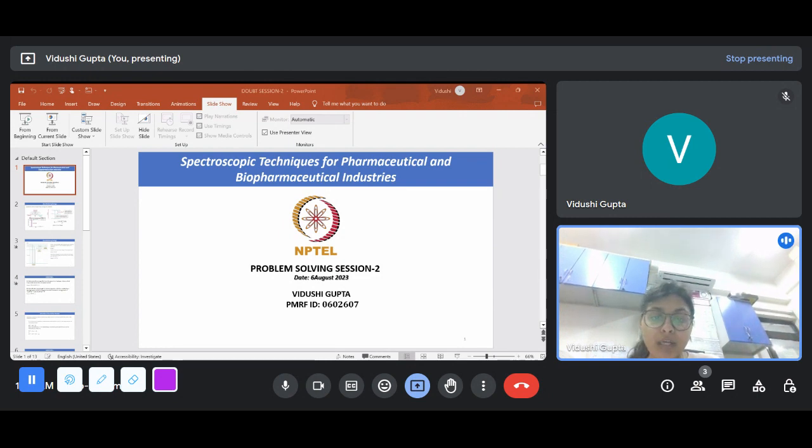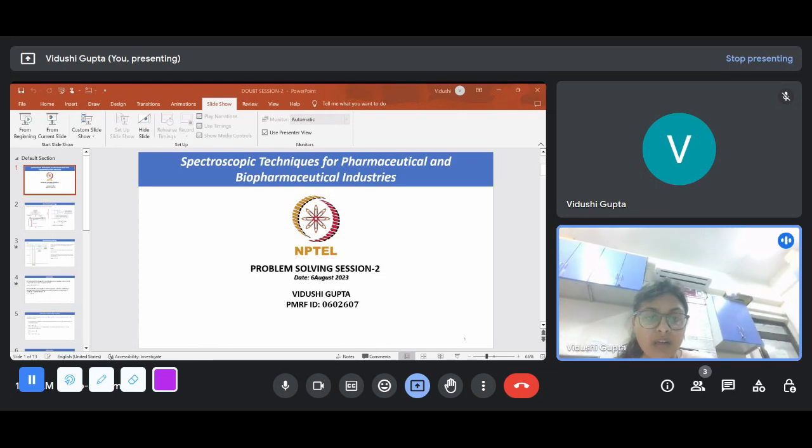There is a formula to calculate it: 1 by wavelength is equal to R into 1 upon n1 square minus 1 upon n2 square. Here in this formula R is the Rydberg constant.